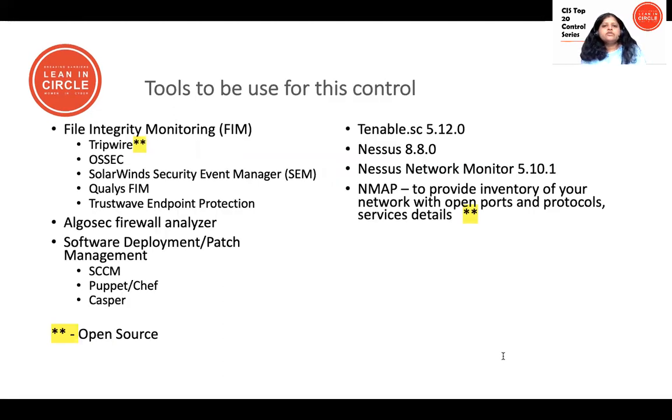So these are some of the tools we can use for this control. Like I told you about the file integrity monitoring tool, which I keep mentioning for this control's implementation, because it is the best solution an organization can have to automate this control, with proper detection and correction mechanisms. Manual work is just dependency, and it is not 100% accurate, whereas a tool gives you more automated results, which give you a lot of return and benefits.